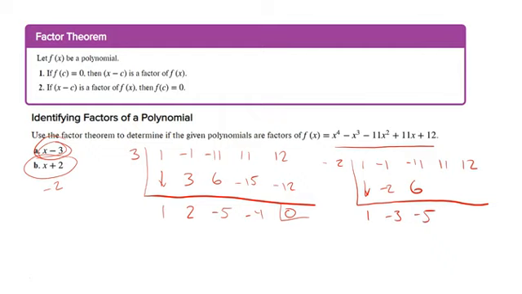Notice this is much faster than plugging the values in or doing long division. Negative 2 times negative 5 is positive 10. This will give you 21. Negative 2 times 21 is negative 42. So if we're trying to determine if this is a factor, then we want this number here to be 0, this is negative 30, so it's not 0. So x plus 2 is not a factor, but x minus 3 is.